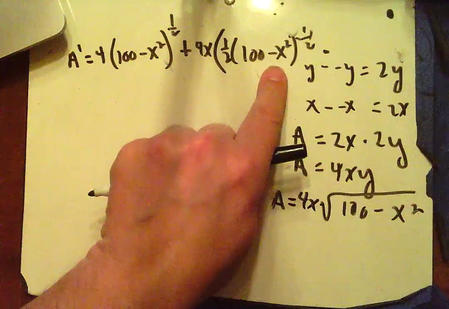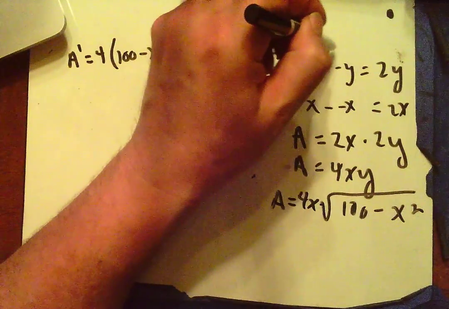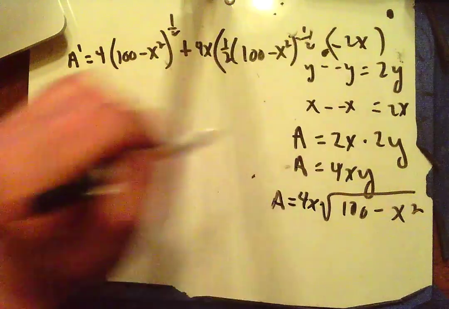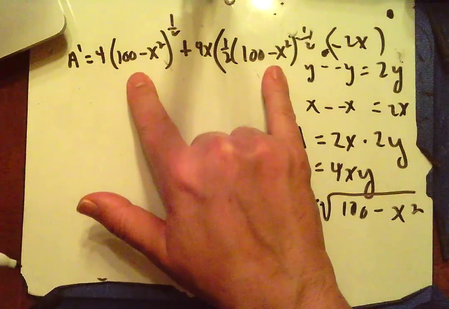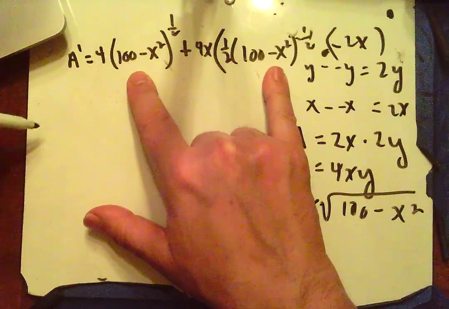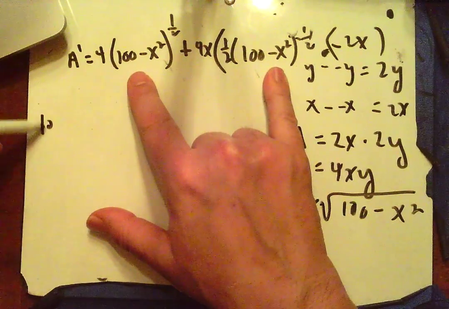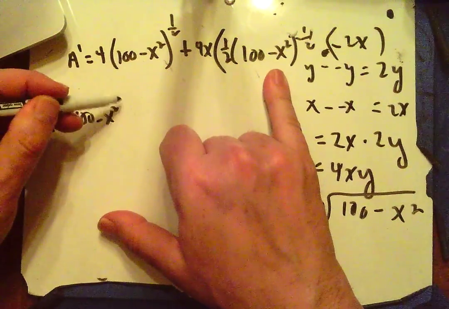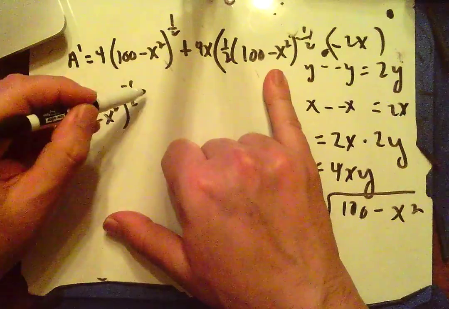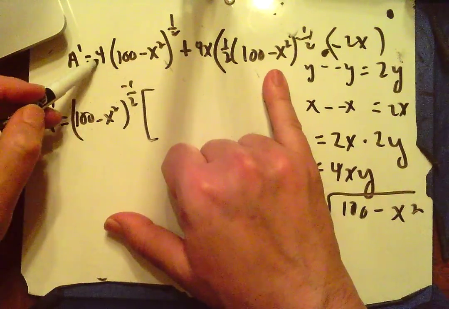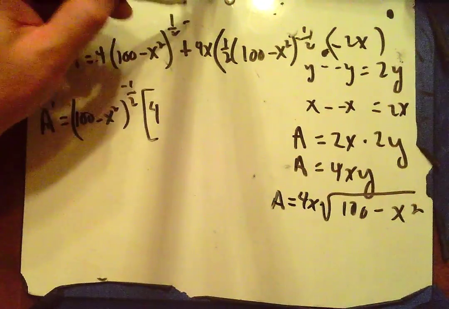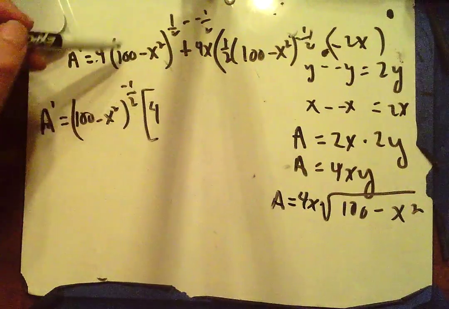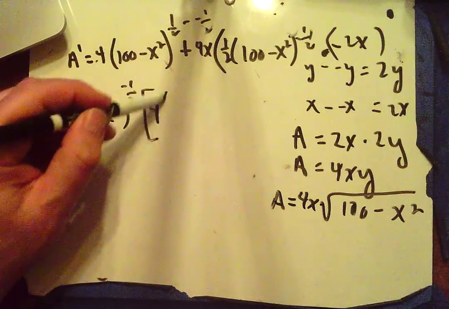Don't forget to take the derivative of the inside, negative 2x. Okay, so we can take the smallest power out. And that's going to be A prime equals 100 minus x squared to the minus 1/2 times, what's left over? Well, this 4. We subtracted a minus 1/2, so we're going to have a positive 1 here.